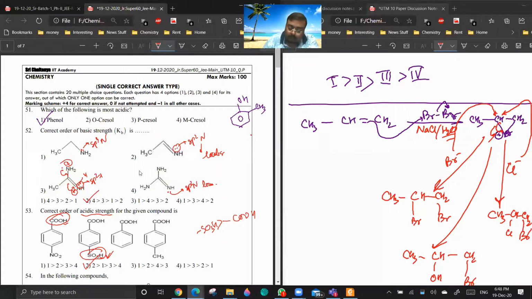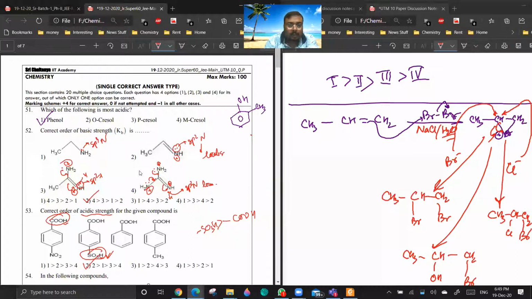So here the cation is getting stabilized. Here the cation is not getting stabilized because this positive charge cannot move anywhere. Here also, the moment you put a plus here, it can be delocalized to this. It can also be delocalized to this. Getting a point?